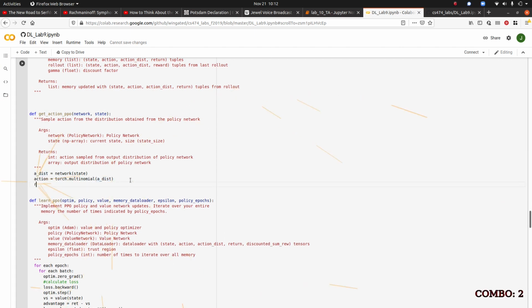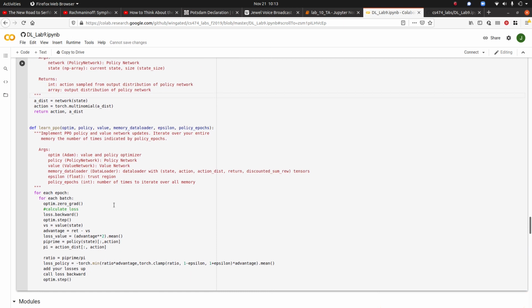And then you just need to return the action and the action distribution. Okay, this is right, but not quite. So I want you to realize that down here, when we calculate the ratio, we're using this action distribution that we're getting from right here, but we're also creating an action distribution on the fly.